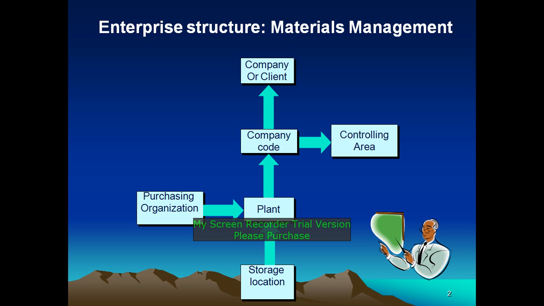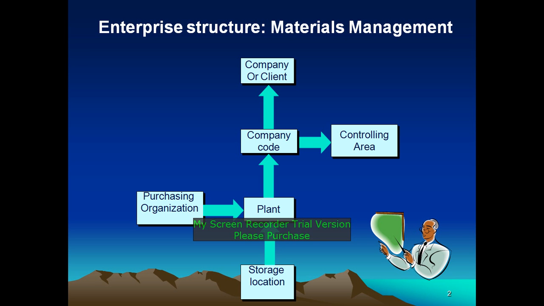Then coming to scenario 2, scenario 2 is cross plant purchasing. Some customers may have a scenario where a single purchasing department is responsible for procurement activities for more than one plant. In this case, you need to create a purchasing organization that's responsible for more than one plant in the same company code.